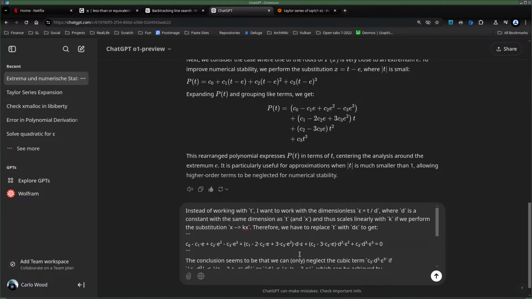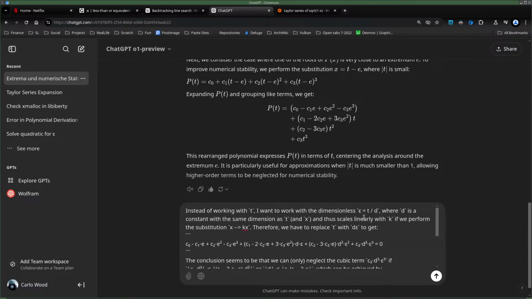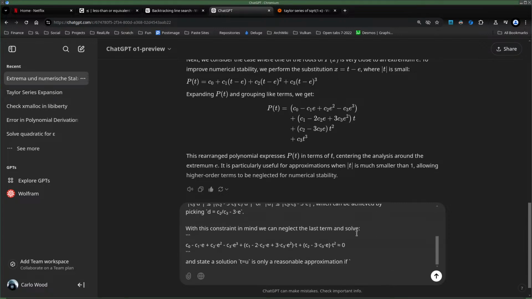How to get my epsilon? Epsilon is t divided by d. So let's just write epsilon here: t divided by d. And the t is u here.